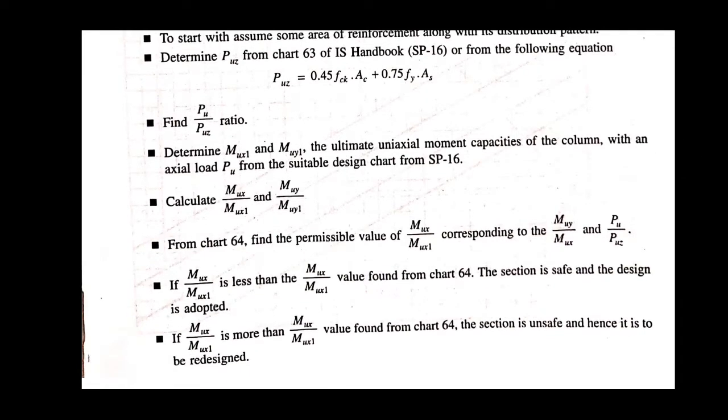So, these are the steps. Let us check out a problem. We will solve a problem of RCC short column with axial load and biaxial bending. Then it will be very easy to understand the steps and the considerations of IS 456 and SP16. Let us start to solve a problem.